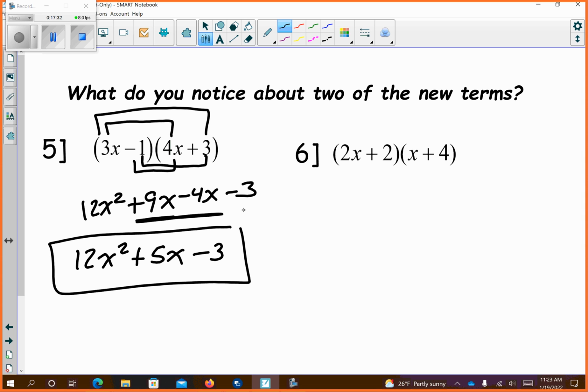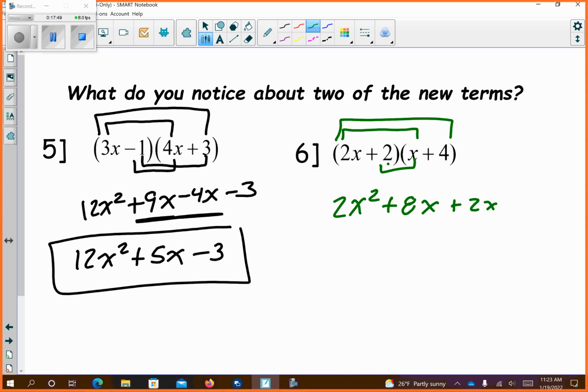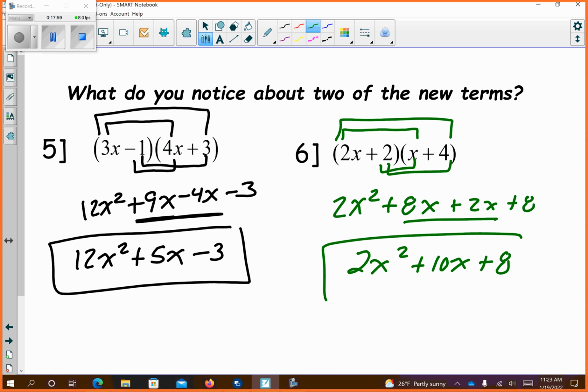So this is just binomial times binomial. So we're going to wrap this up just with these. 2x times x, 2x squared. 2x times 4, 8x. 2 times x is 2x. 2 times 4 is 8. These are like terms, same exponents, right? Just to the first. That's it.